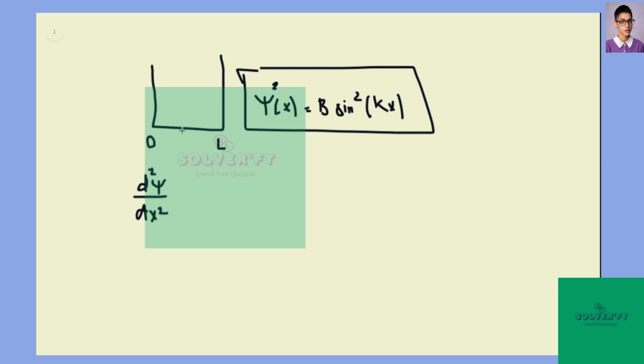The potential is exactly equal to 0 between 0 and L, plus 8 pi square m over h square E psi. E is the energy of the electron trapped inside, and E should be greater than 0.